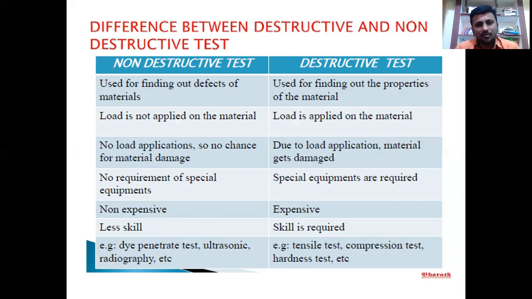Then the fourth point: no requirement of special equipment. In the NDT method, we don't need special equipment. But in destructive type, special equipment is required. Comparing the two, no additional equipment is needed in NDT, but for DT we need additional equipment. Moreover, non-destructive testing is non-expensive, a little cheaper compared to DT.